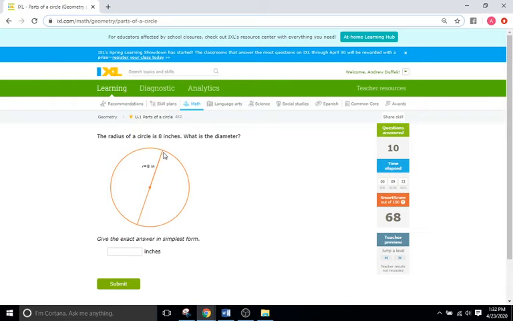So the diameter is the length of the entire thing. So there's 2 radiuses, but it's radii. There are 2 radii inside one diameter. So if we have a radius here as 8, and another radius here is 8, 8 plus 8 is 16. So the diameter, the entire thing, is 16. So we'll type that in.